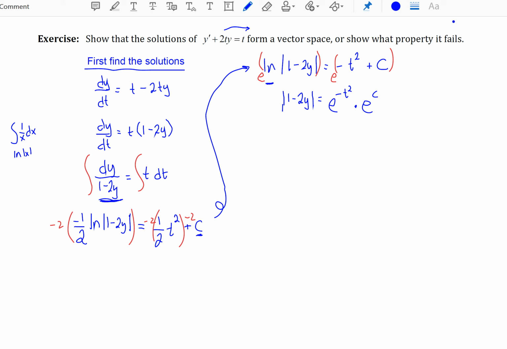Let me rewrite this left-hand side a little bit better. Now remember, if c is some constant, then e to the c is still just some constant. So I'll write this as 1 minus 2y equals c e to the -t squared. Remember, the c can absorb the absolute value.